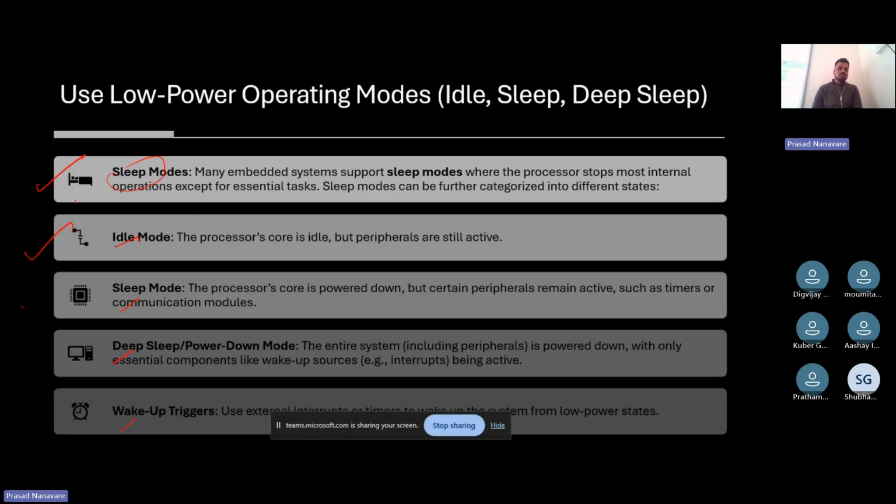These all are not independent points. This is the header point, and these all are sleep modes. So idle mode, sleep mode, deep sleep or power down mode, and wake up or trigger. So these are the possible sleep modes that any controller could have.